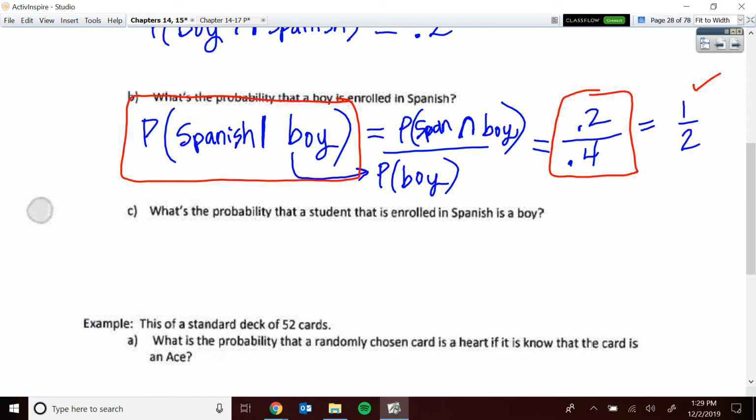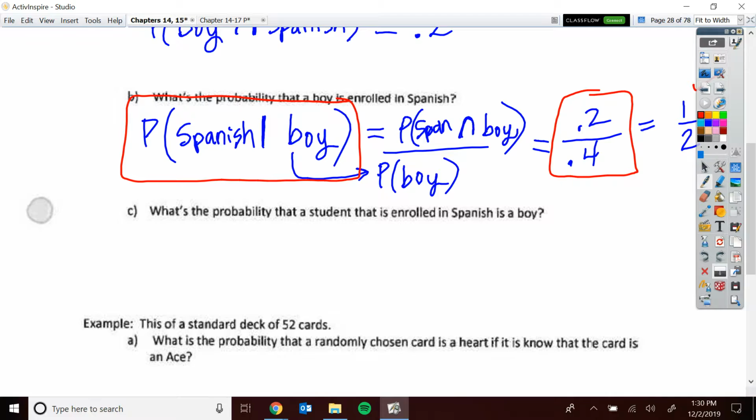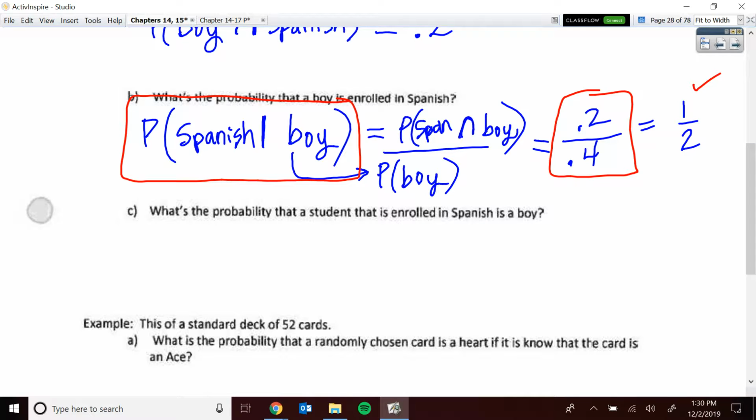So read C. What is the fact? You are a Spanish student. So you are given and told that you are a Spanish student. Okay?